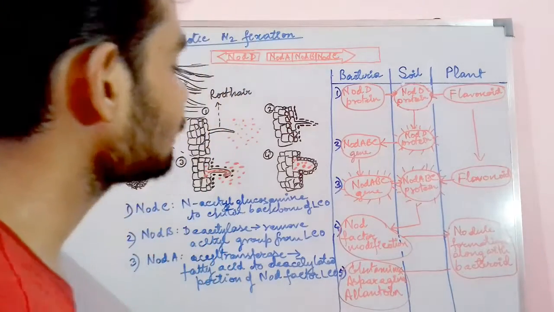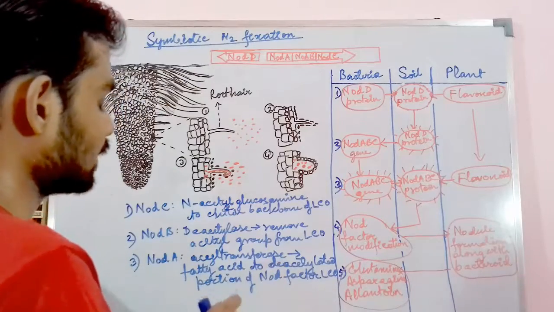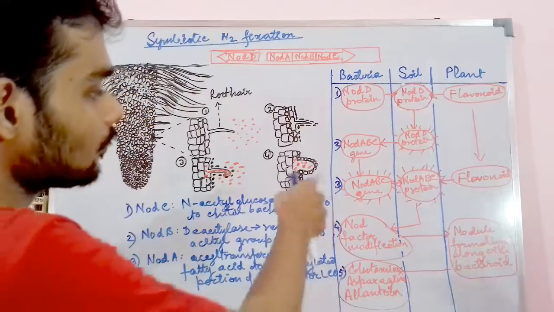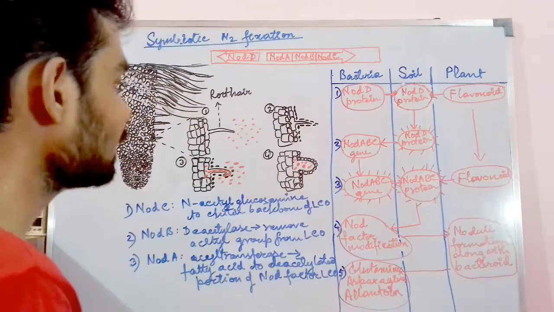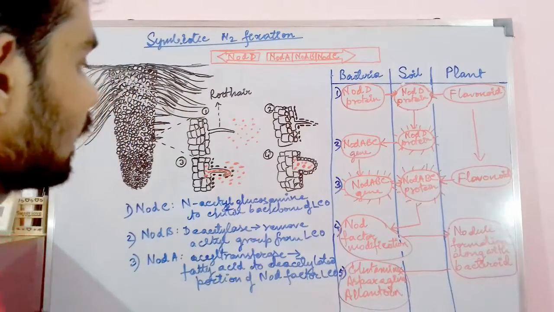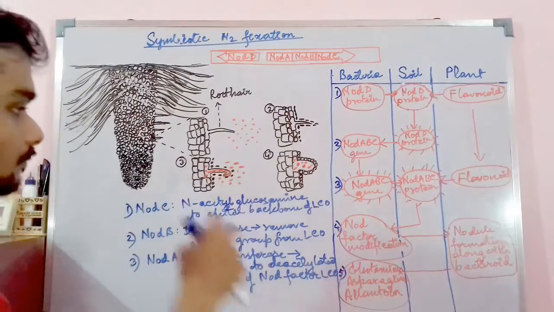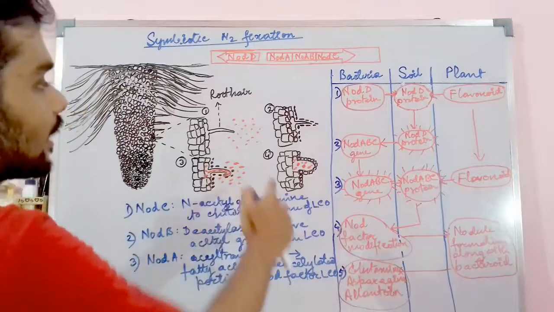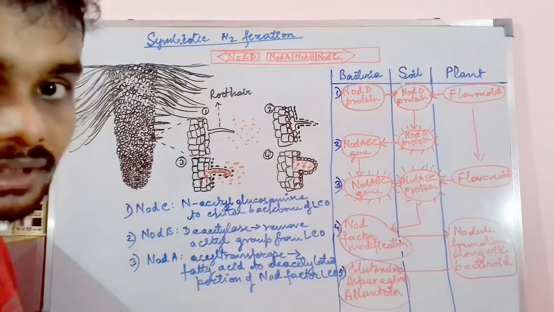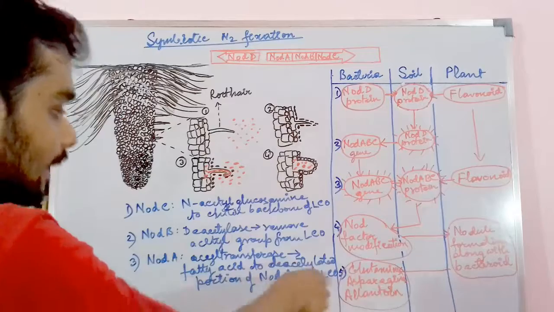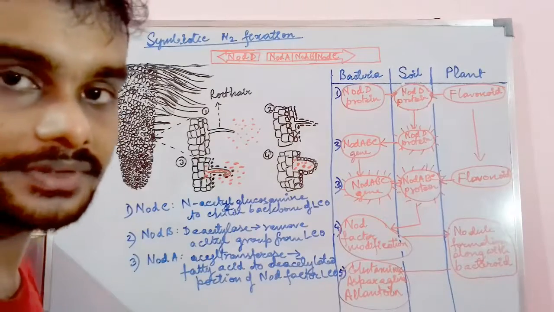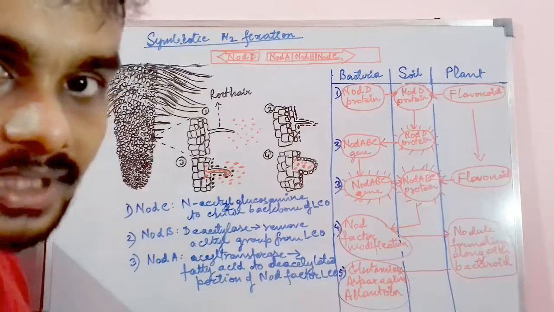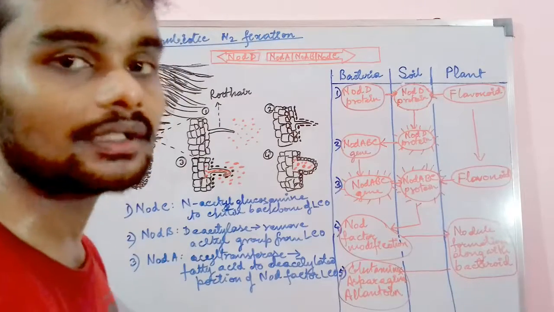It will modify this lipochito polysaccharide, which is getting modified with the help of these enzymatic reactions, thereby coming in contact with the root hair cells and again modifying the root hair cells for the nodule formation, entrapping the bacteroids, thereby starting the process of nitrogen fixation or assimilation and having a mutual benefit, that is symbiosis, among each other.